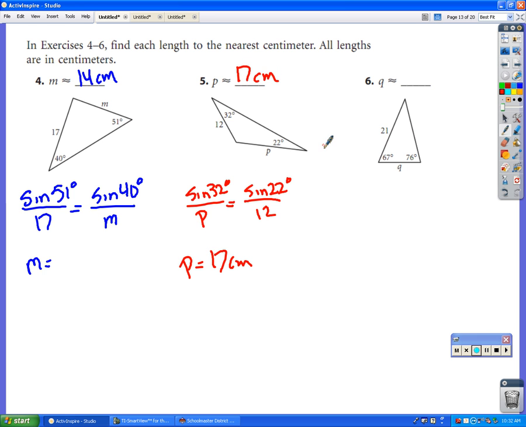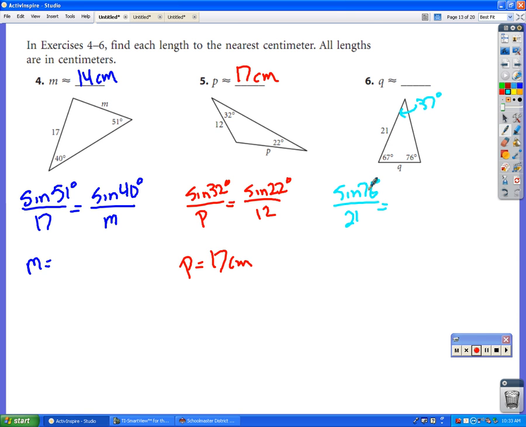All right, and then Q, or number 6, I mean, is only a little bit tricky. I'm going to go the sine of 76 divided by the side that's opposite of that equals, and if I want to find Q, I need to know the angle that's across from it, and I don't. But I know that all of the angles in that triangle add up to 180 degrees. So if I subtract 67 and 76 from 180 degrees, this angle right here comes out to be 37 degrees.